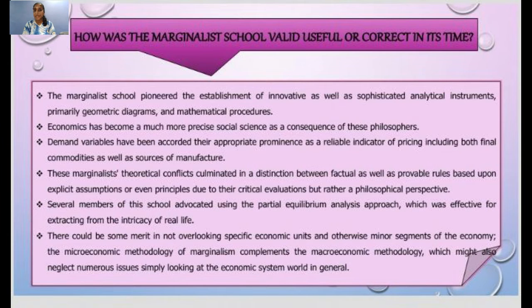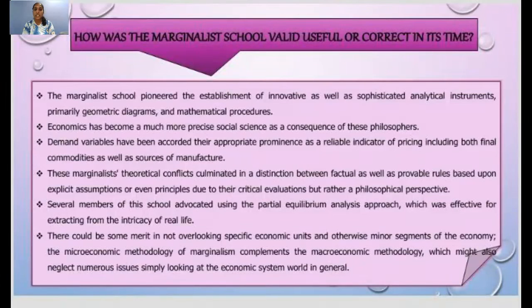The marginalist school pioneered the establishment of innovative as well as sophisticated analytical instruments, primarily geometric diagrams and mathematical procedures. Economics has become a much more precise social science as a consequence of these philosophers.